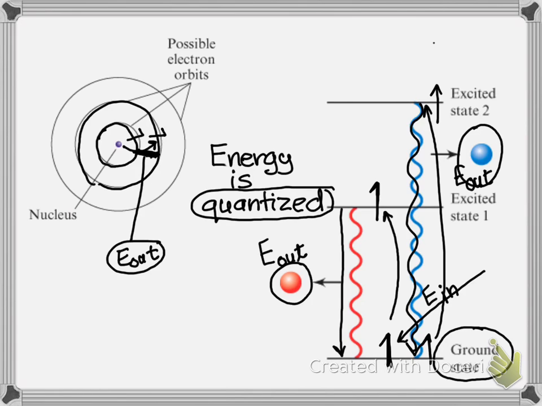The quantization of energy is a very important idea in understanding our model of the electrons. And what it means is, you see the word quantity, the energy is quantized. That means that the energy that the electron can have will have very specific energy values.